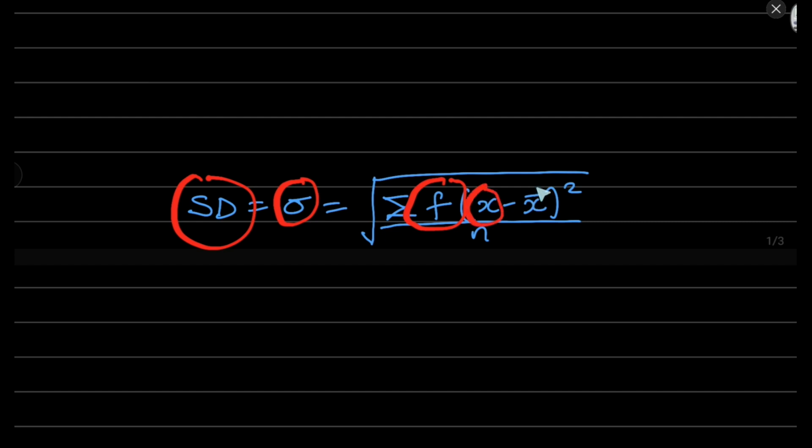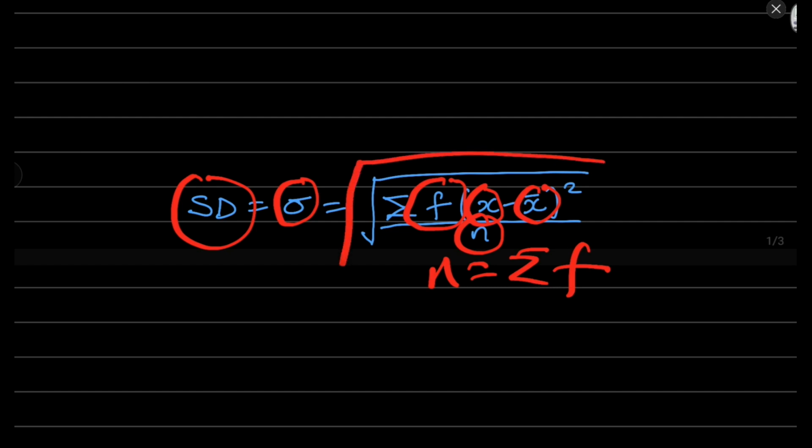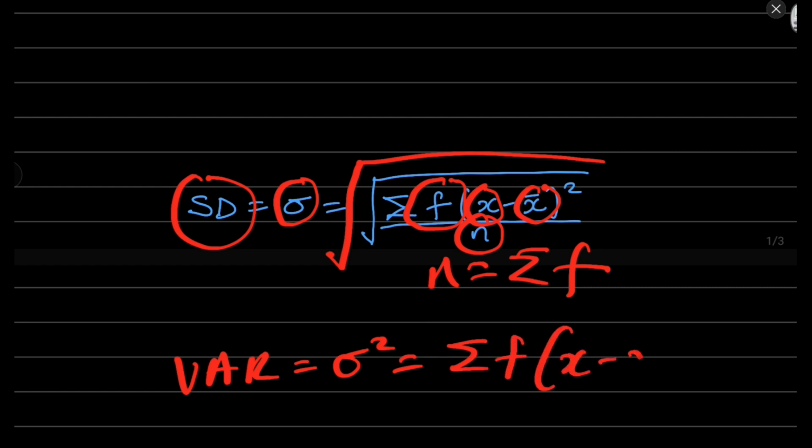We have your x values, your mean value, your n, which is equal to your total frequency, and then your square root. Also, you can use this formula for the variance, sigma squared. By the time you are squaring it, the square root disappears, so everything becomes the sum of f times (x minus x bar) all squared over n.